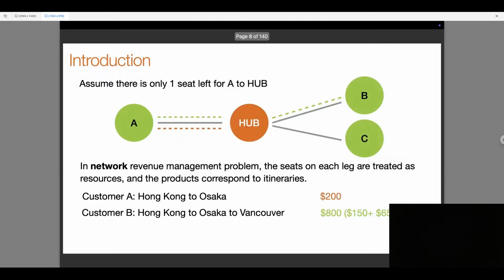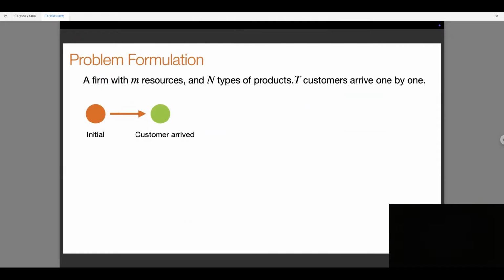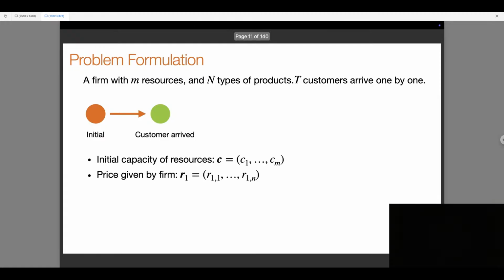And then let's start with the problem formulation. Assume there is a firm with M resources and N types of products, and there are T customers in total arriving one by one. The initial capacity of resources is C, denoted by this vector. The price given by the firm is denoted by r, a length N vector.